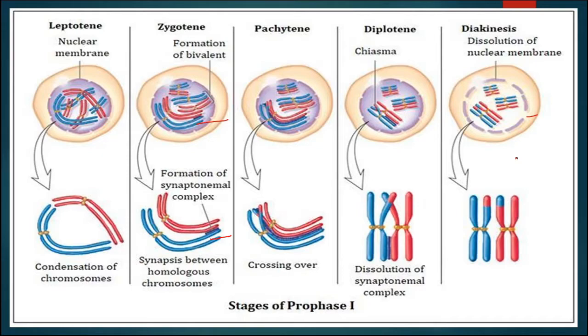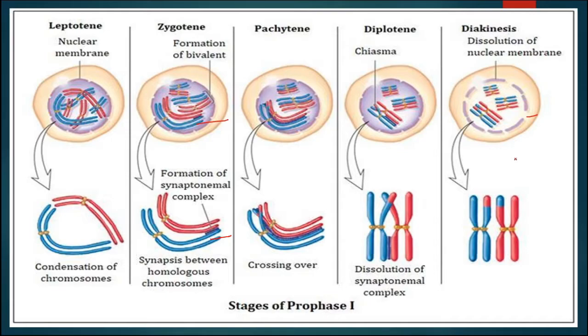After cytokinesis, these two daughter cells will enter into meiosis 2, which, just like mitosis, will undergo the stages prophase 2, metaphase 2, anaphase 2 and telophase 2, and the same type of events will be there.